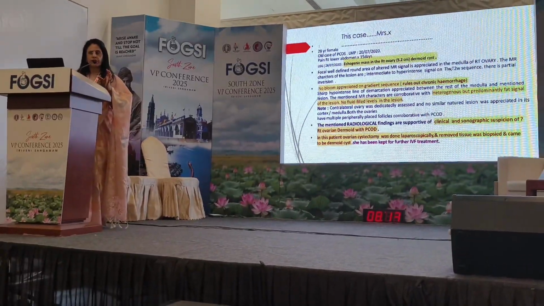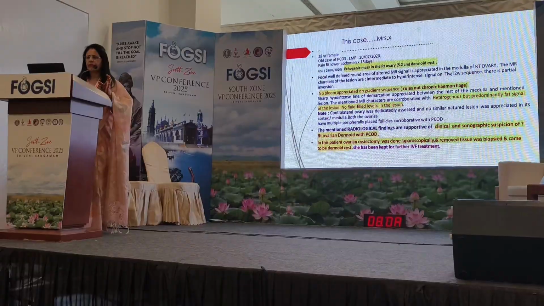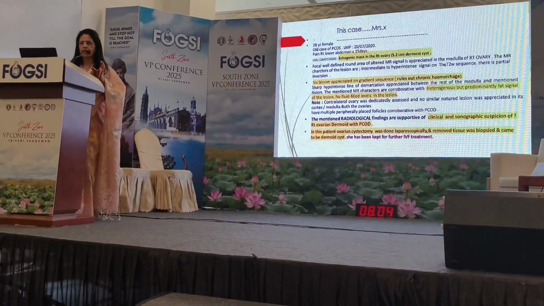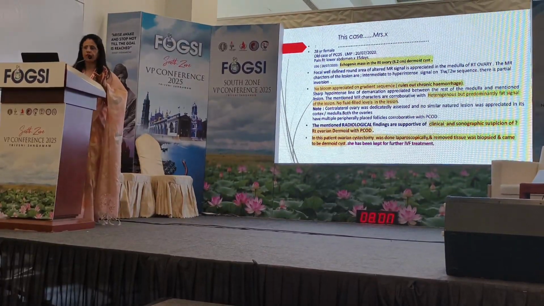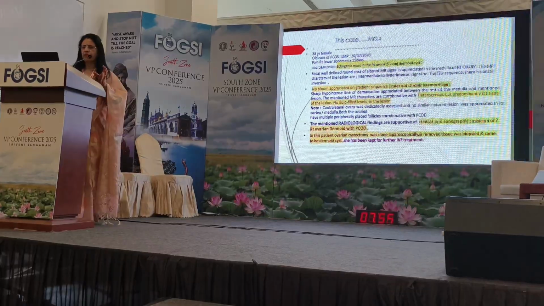We ruled out an endometriotic cyst, and then an ovarian cystectomy was done laparoscopically. The removed tissue was biopsied and came out to be a dermoid cyst, and she has been kept for IVF treatment.